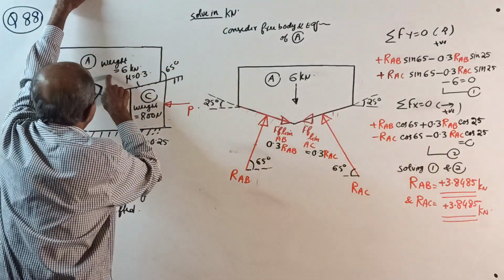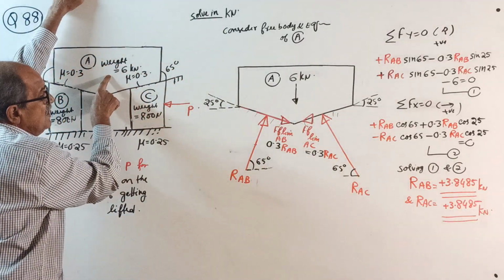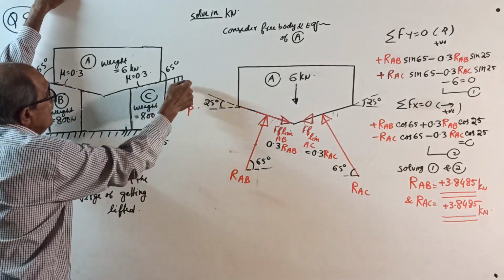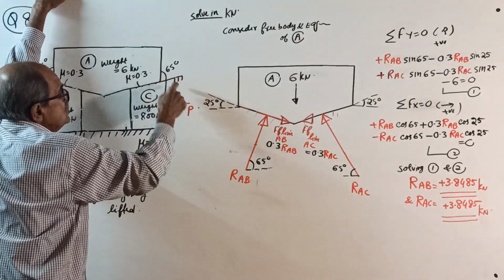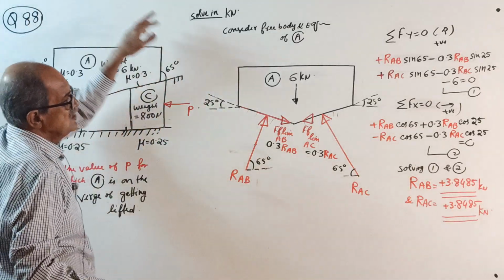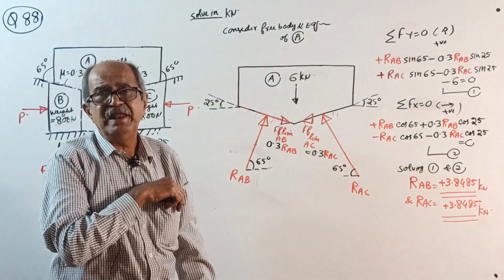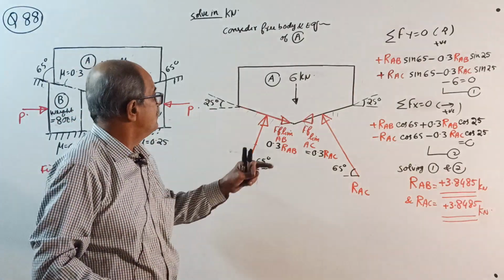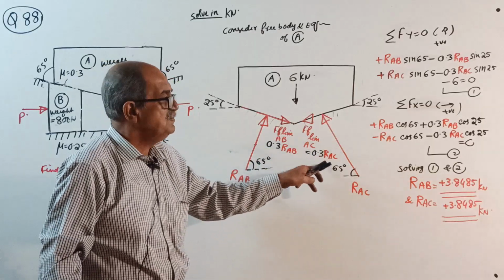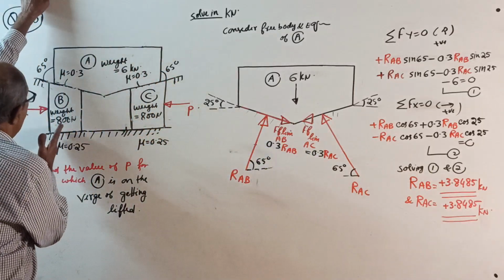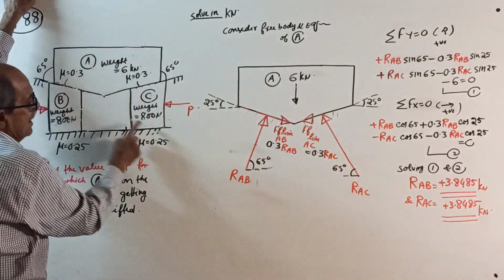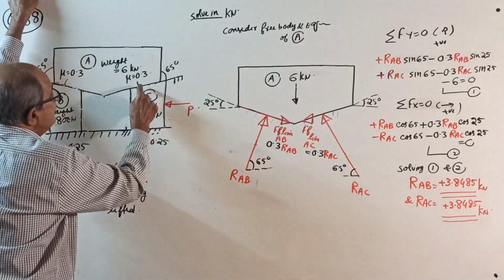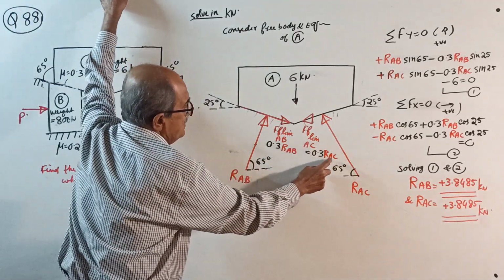Friction for the upper block is always in the same direction as its force, which if you resolve should be the same as P. I told this also in example number 75, once again. So, first of all, I am wasting time explaining these. RAB, friction limit F equals 0.3 RAB; RAC, friction limit F equals 0.3 RAC.